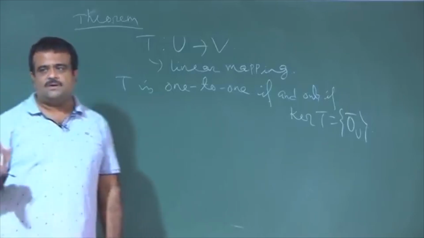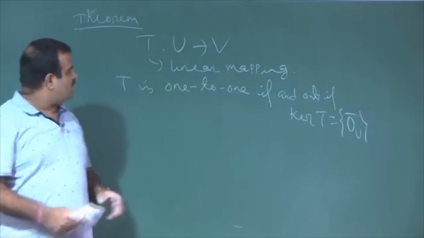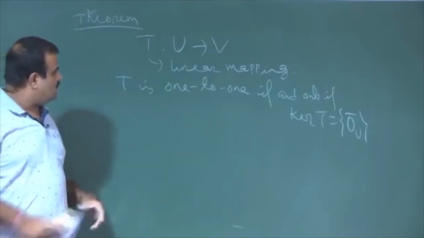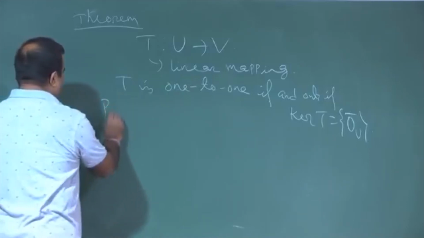It has two parts. The first part is, if T is 1 to 1, let us try to prove that.